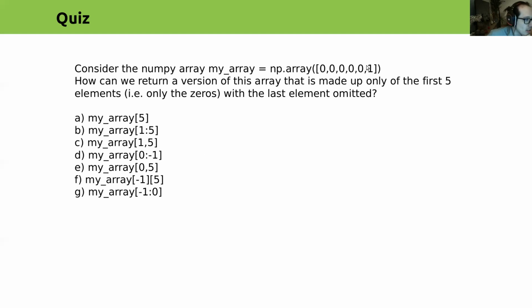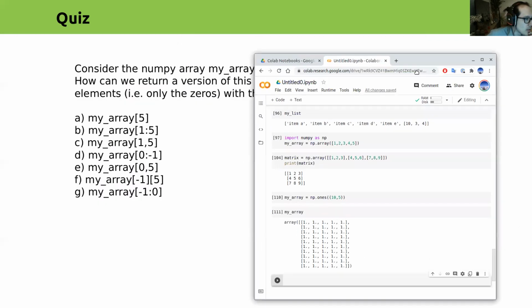So if we want to omit the last position, we can use this option here, myArray, and then in brackets 0 colon -1. Let's just try that.